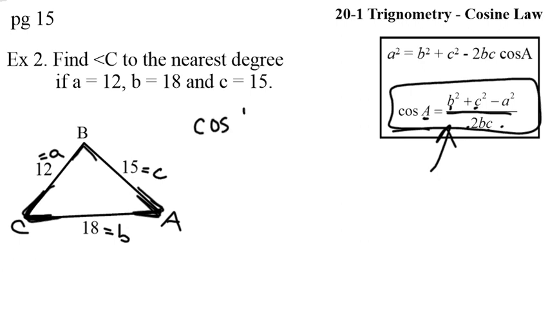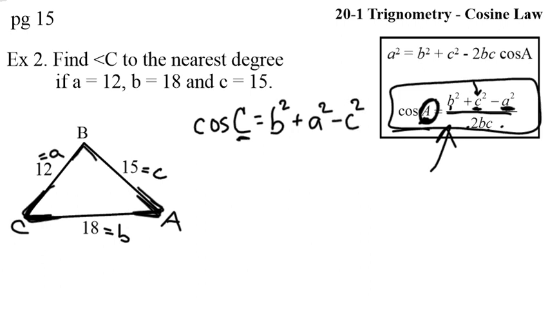We want the cosine of C, because that's what we're trying to find. So that means this angle A and A have to be consistent. I can't have C here anymore because I'm trying to find C. So I have to make sure my B squared hasn't changed. But C squared finding A means that has to be A squared if I'm finding C.